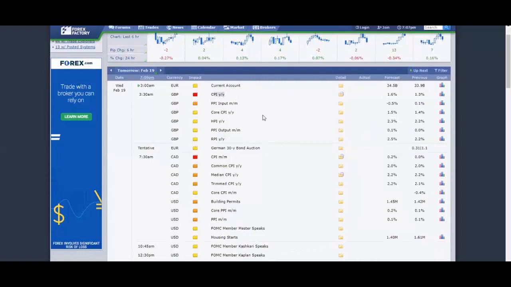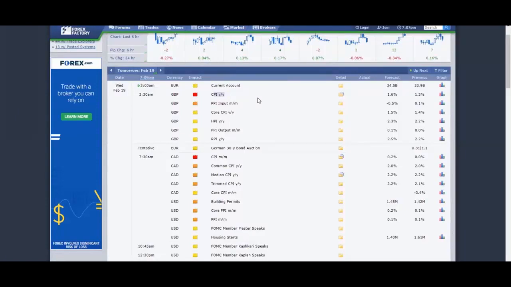First of all, starting off with British pound, we have CPI numbers, which are the inflation numbers. These are the yearly numbers coming out for UK, and the forecast is 1.6%. Now, if the CPI numbers are below expectations, that will be negative for British pound, because then the market will start looking at Bank of England to potentially cut rates or do some sort of monetary policy adjustment.